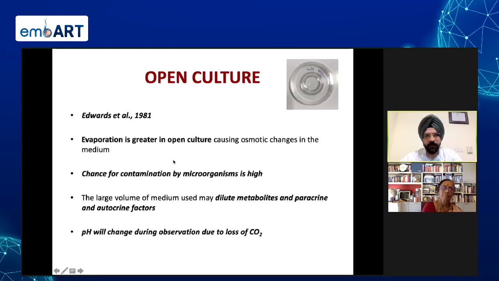Evaporation is obviously greater in open cultures, causing a lot of osmotic changes in the media. The chances of contamination by microorganisms is high in such dishes. The large volume of medium used may dilute metabolites and paracrine and autocrine factors. Obviously, this is like fish swimming in an ocean, and so even if they are releasing some factors, they can't reach the other embryo.